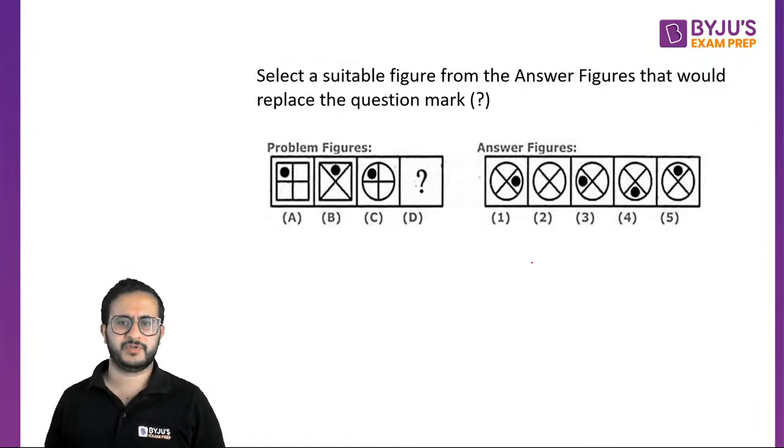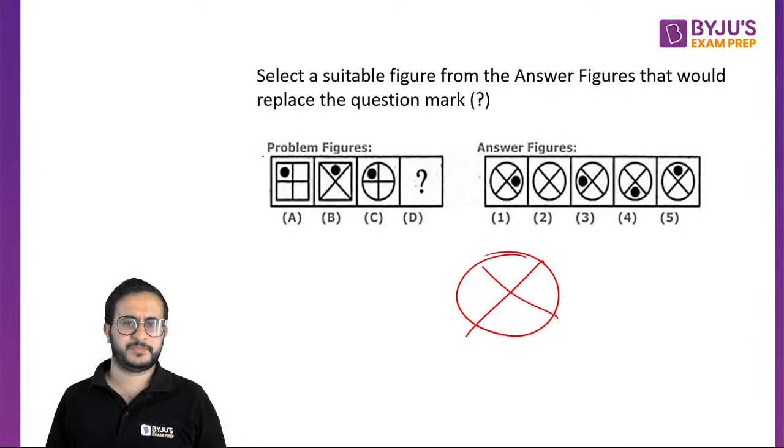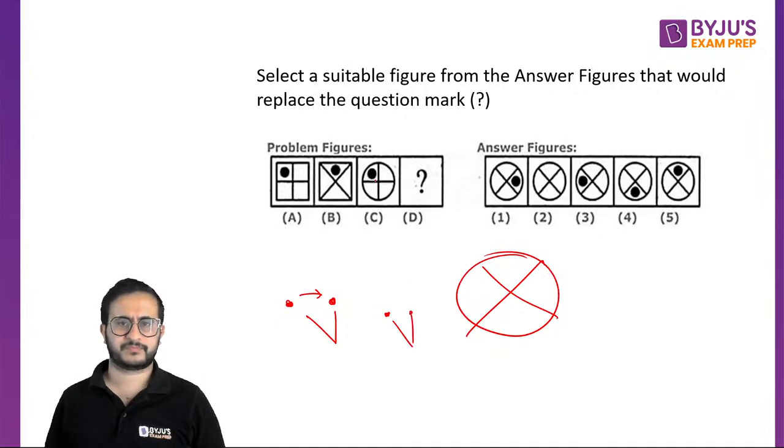So this will be like this. That is present in all, so that is not something you need to determine. Now this was towards this side, and now it has come to this side. So there is a movement of 45 degrees, right? So if this is on this side, it should come to top, like we have here. So that is option 5 straight away. Very simple.